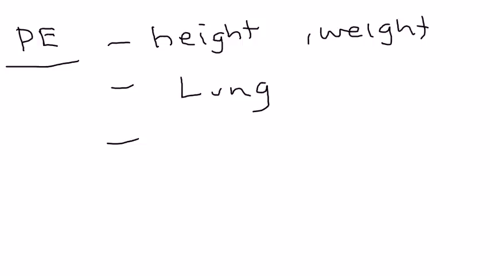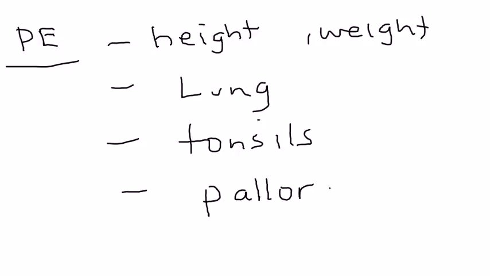You want to pick up on the tonsils, and the reason is because tonsils are going to be very small or even absent in Bruton's disease. And you might even see that the child is malnourished and might be anemic, and you might be able to see the pallor associated with the anemia. So these are some of the basic things you want to check on a physical exam.